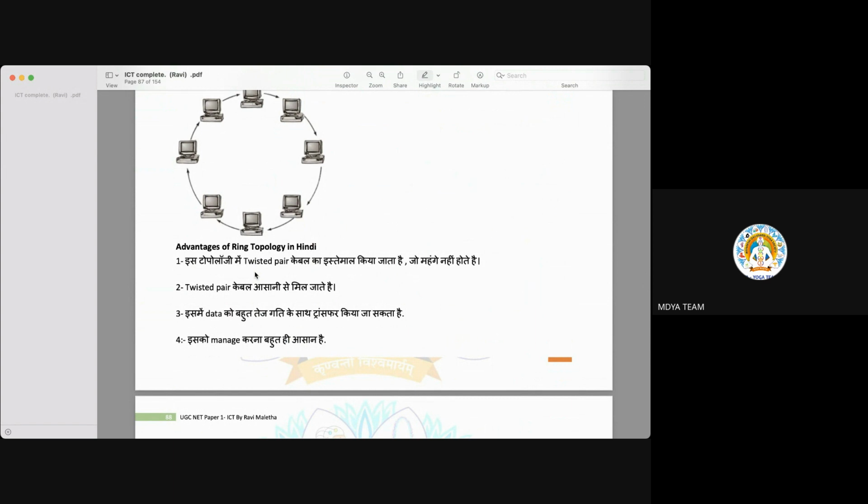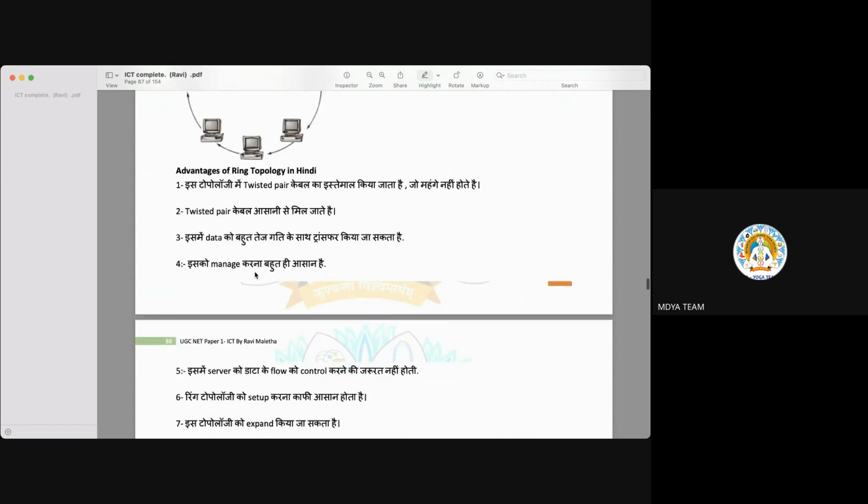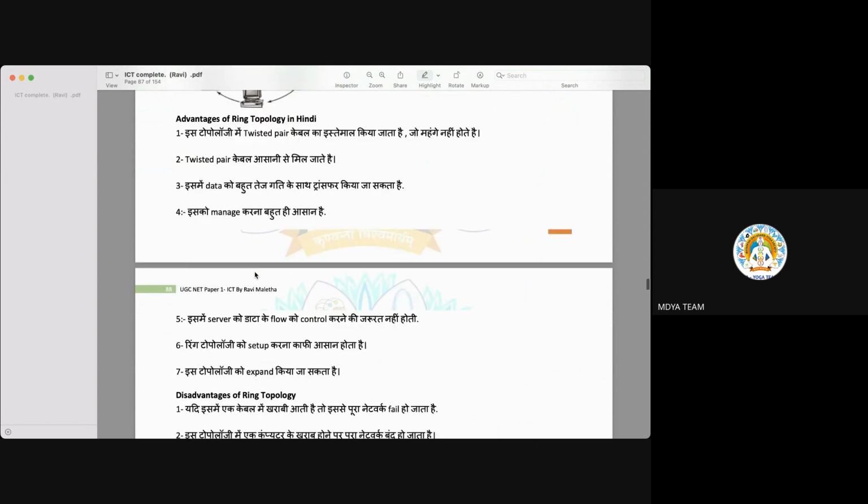It is very easily available. And because the computers are physically connected with each other and are not very far from each other, the data transfer speed is also very good, and it is easier to manage this type of topology.